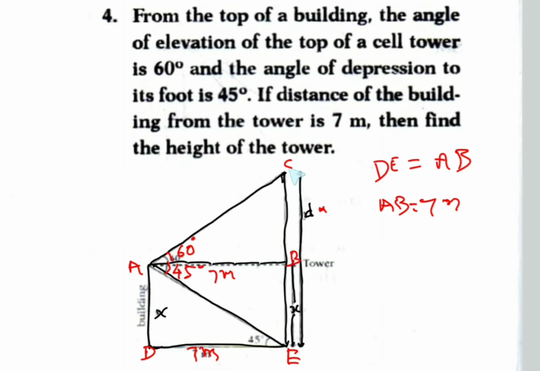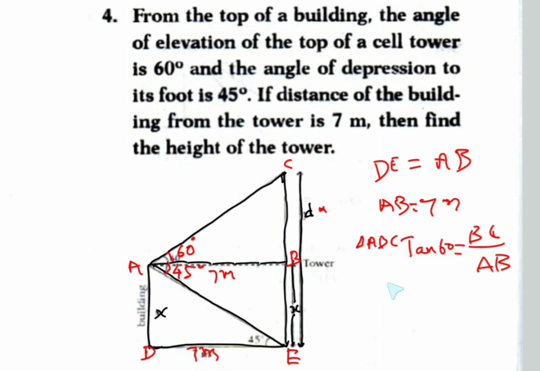We need to find BC from triangle ABC. Apply tan theta: tan 60 is equal to BC by AB.